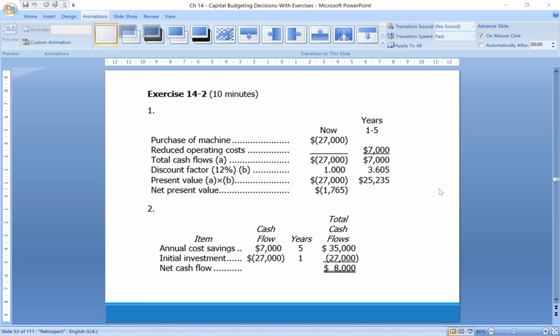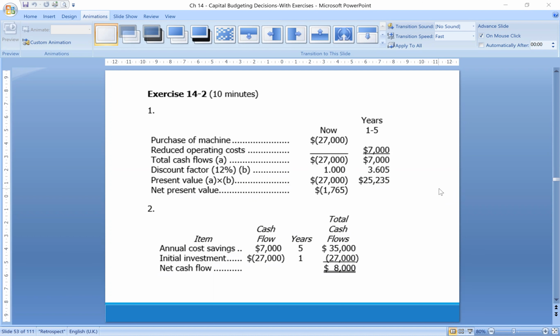So you will say the annual cash savings, which is 35, calculated from 7,000 multiplied by 5, considering that we don't have a time value of money.